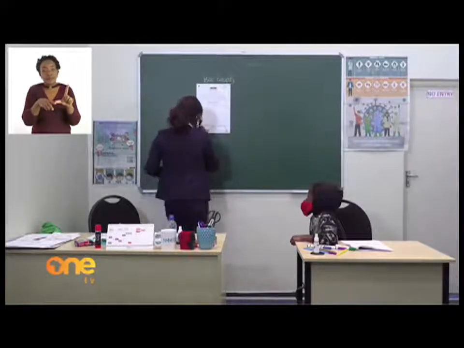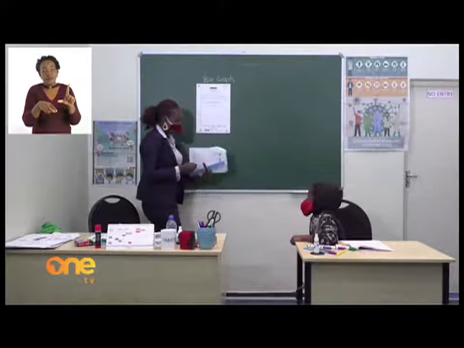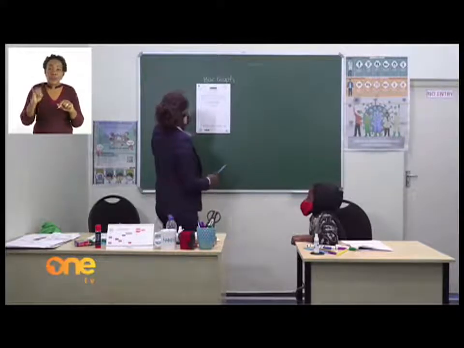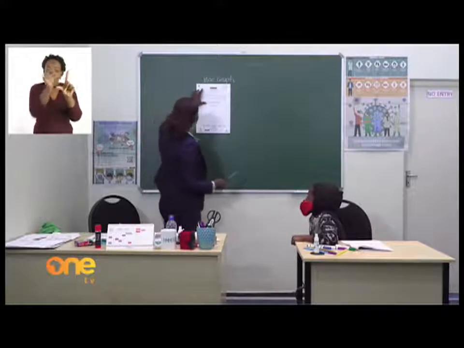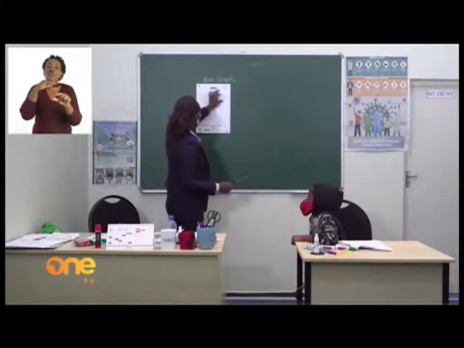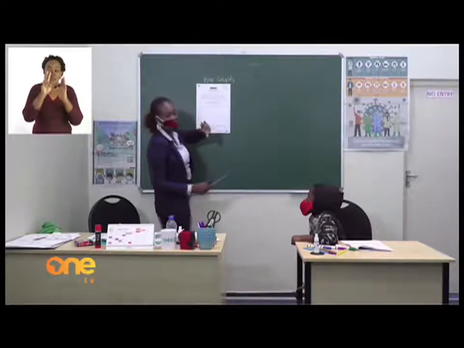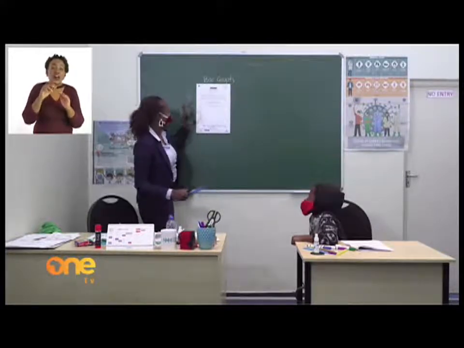This is a bar graph, and we are going to draw the bars from the story which is given here. Let's read the story, and whilst we are reading, we'll be drawing the graph.